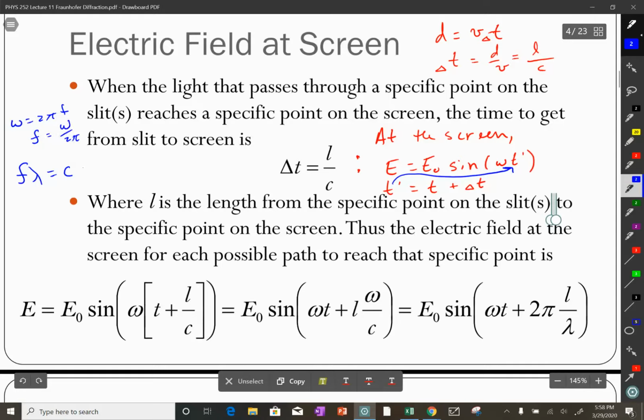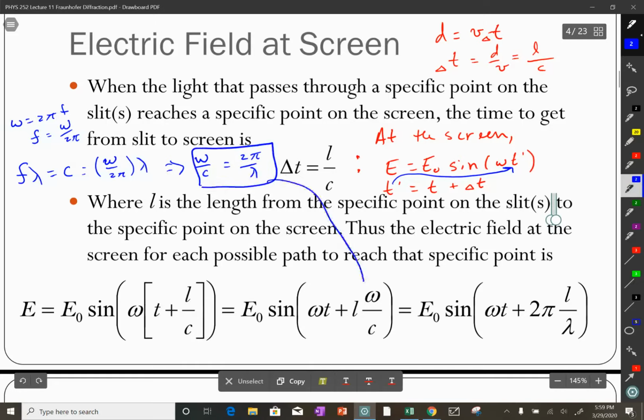So I can put in here, then that's equal to omega over 2 pi times wavelength. Well, I have omega over c here, so let's just rearrange this equation to have omega over c. So I'll divide everything by c and multiply everything by 2 pi over lambda. So that gives me omega over c is equal to 2 pi over wavelength.